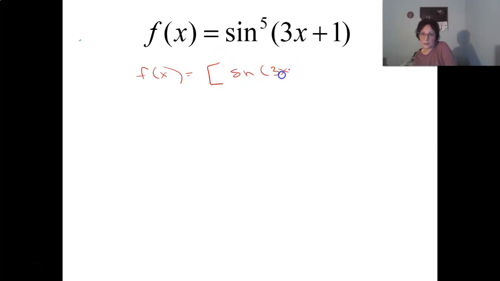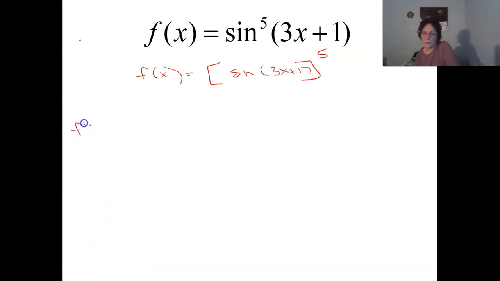The sine of 3x plus 1 to the 5th power. And then for me, it's much easier to see that I have a chain rule situation, right? So I have a cloud to the 5th, and when you look at your cloud itself is a chain rule piece, okay? So let's do it. Let's go from the outside and work our way in.